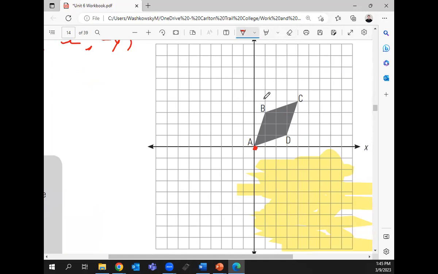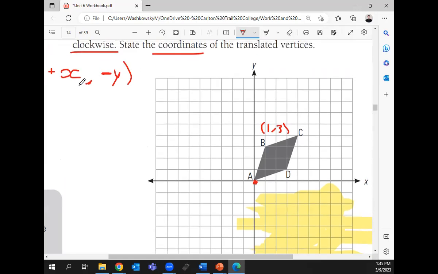So my B goes from a 1 and a +3. In this case, your B is going to end up right here. It's going to end up on a +3 and a -1. So this point right here is going to be B.